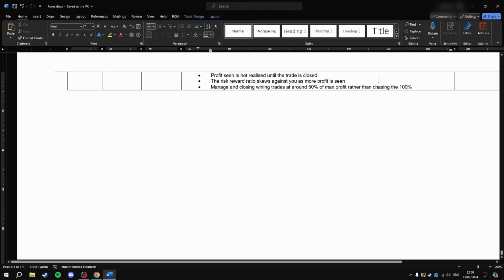You're basically risking more than if you see the profit around 50%, because you're risking more for a little less. If that makes sense. You're risking more for less, yeah. So the risk to reward is like exponentially increasing.